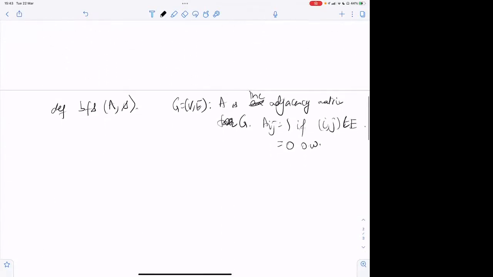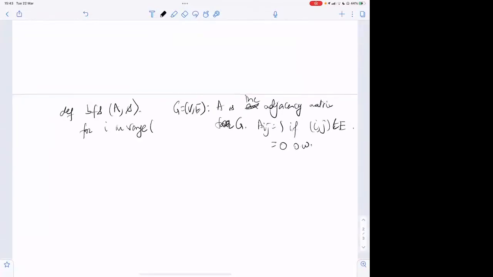Okay. So A is an adjacency matrix for G. Correct. So, firstly we initialize the mark array. So for i equal to 1 to n, I'm not writing Python code, you can convert it easily, do mark[j] equal to 0.